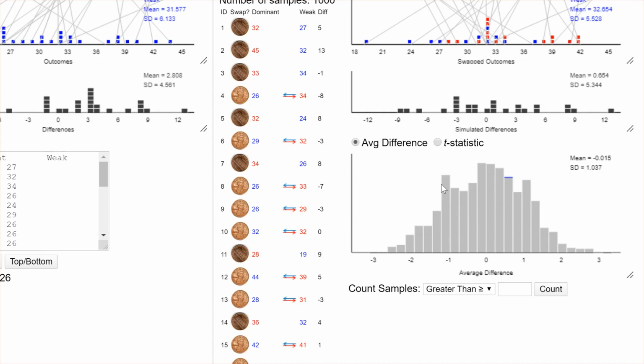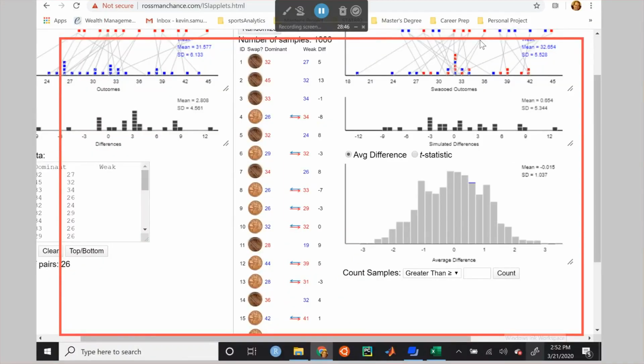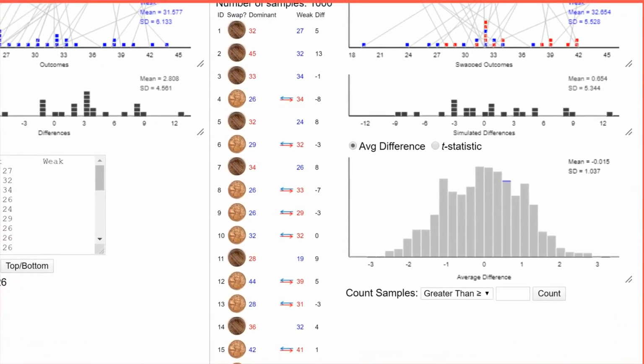Where is it? I see that 2.808 is about right here. I'll draw a line for you. I think 2.808 is about right here.